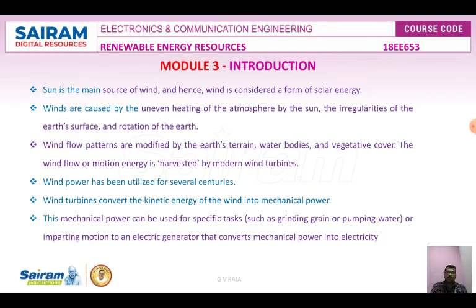In olden days also we have used it. In the 19th century, wind turbines or windmills were used. The windmill was made of wood, a fan-like structure kept on the rooftop of the house, which was used for pumping water in the irrigation system, and also for grinding grains.